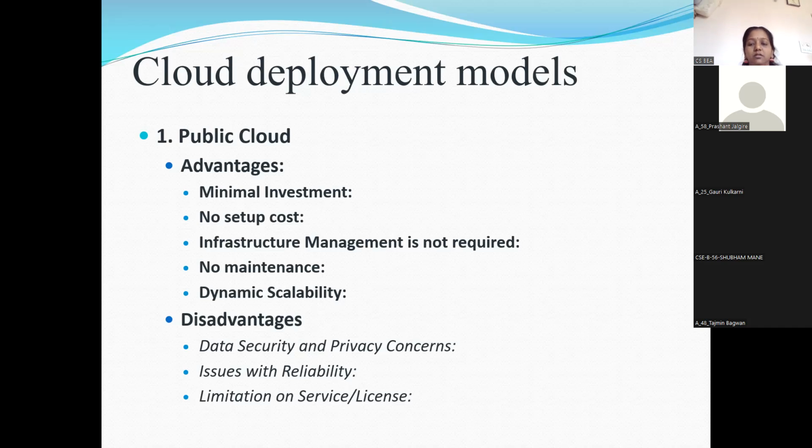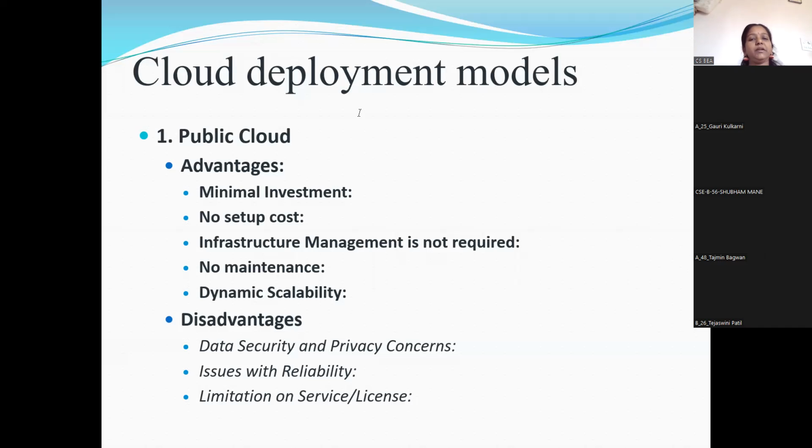So that's why the security concern is very, very important in this case. Then next is issues with reliability. Because the same server network is accessible to a wide range of users, it is susceptible to failure and outages. So reliability will be a major concern in this particular case.